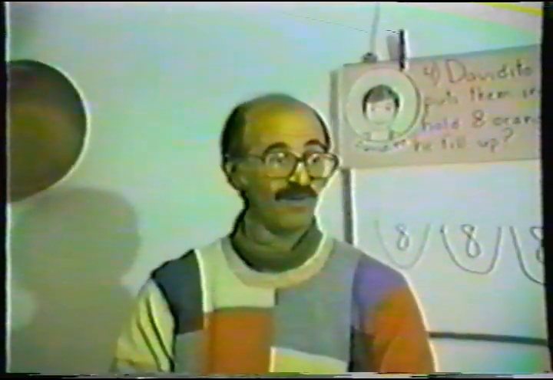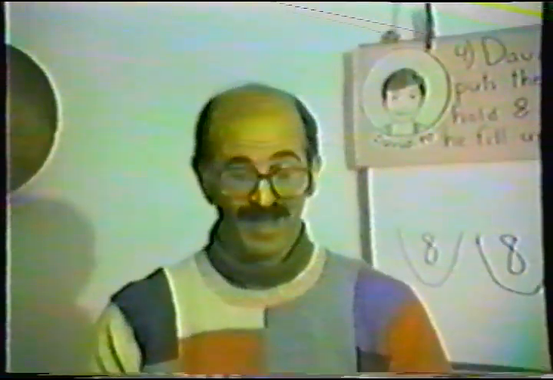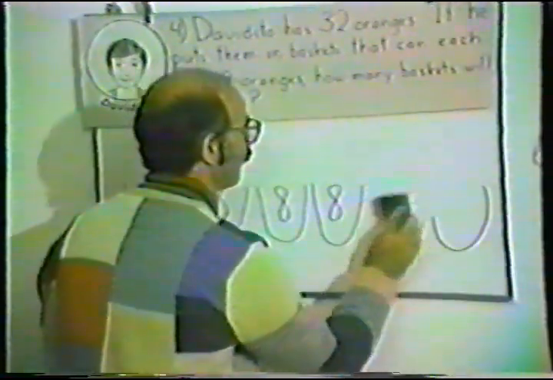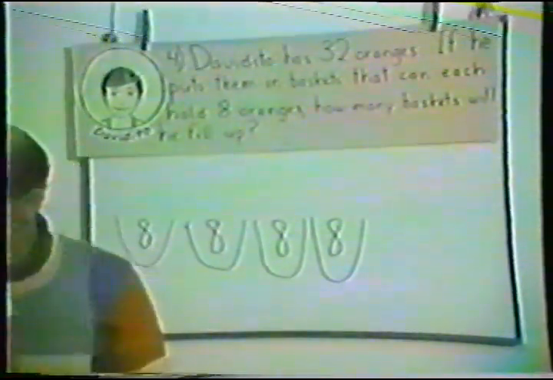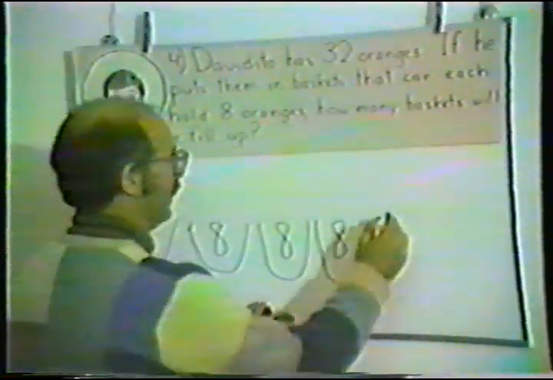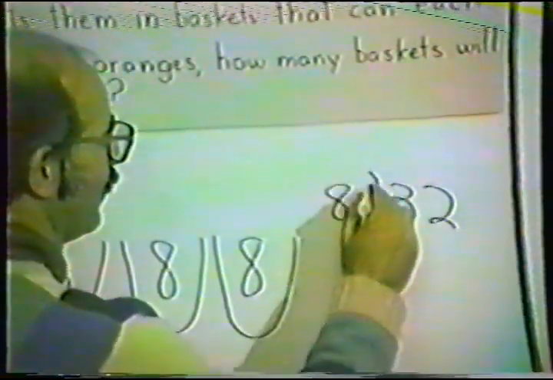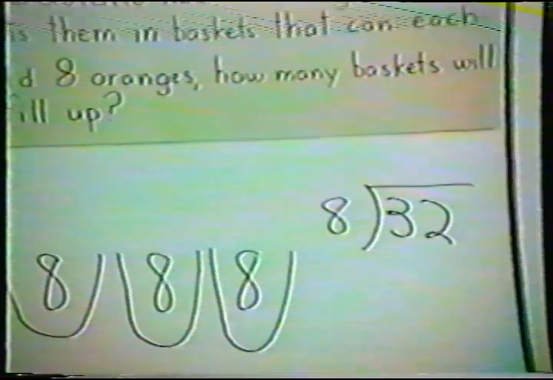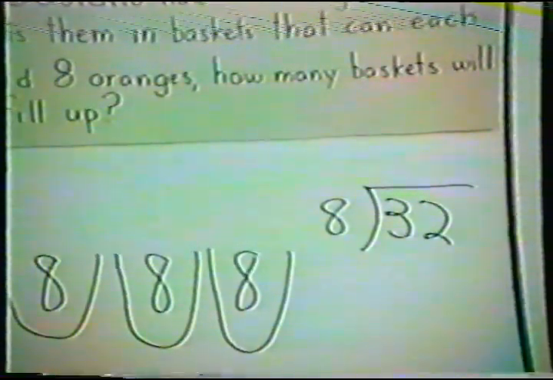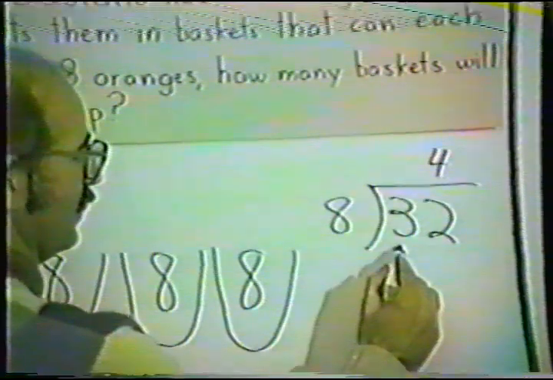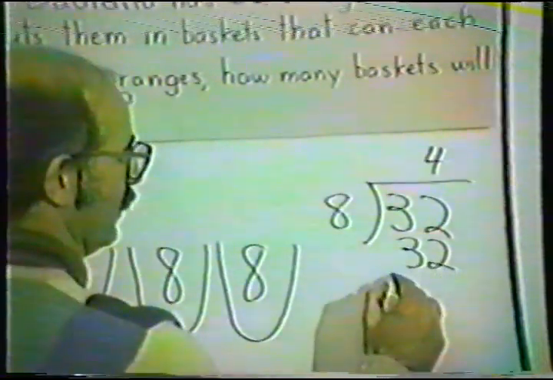Well, what do we want to know? We want to know how many 8s there are in 32. So, let's find out in this little corner over here. How many 8s are there in 32? 4, because 4 times 8 is 32.